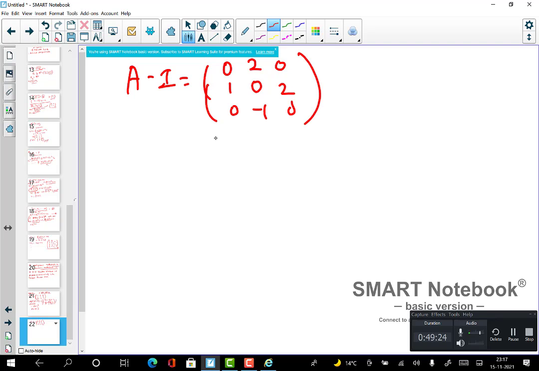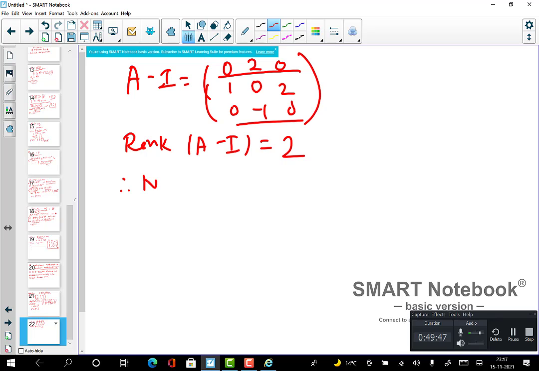Now it is clear that the first row and last row, or the first column and second column, are independent. Hence the rank of A minus I is 2, because there are 2 linearly independent rows or columns.